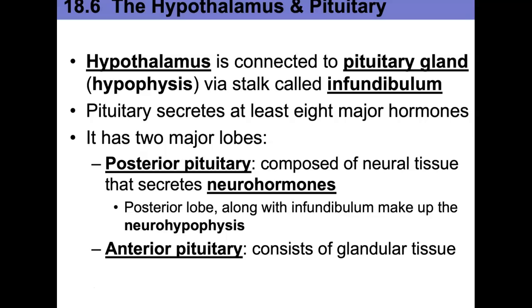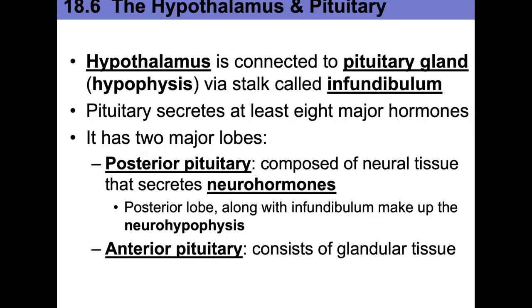So thinking about how these hormones know to secrete, one of them is from the nervous system. And of course, let's take a look at those nervous system glands, the hypothalamus and the pituitary. Remember, the pituitary is connected to the hypothalamus with a little stalk called the infundibulum. The pituitary actually secretes 8 major hormones.